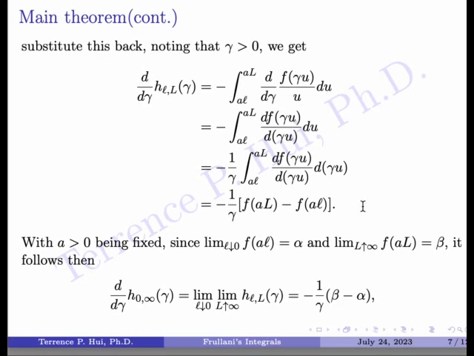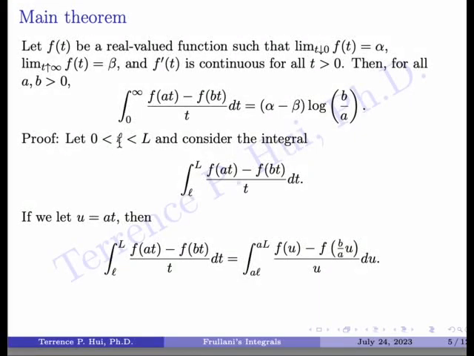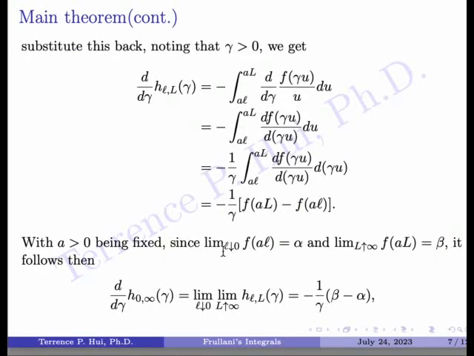Perfect. At this point, I have gotten rid of u through integration. All I have left is little l and big L. Okay, let's tackle that. Remember, a is positive and fixed, a given constant. As little l goes down to 0, remember I arbitrarily set it above 0. So when I let little l go down to 0 from the top, a is constant and fixed and positive, so a times l goes down to 0 as well.